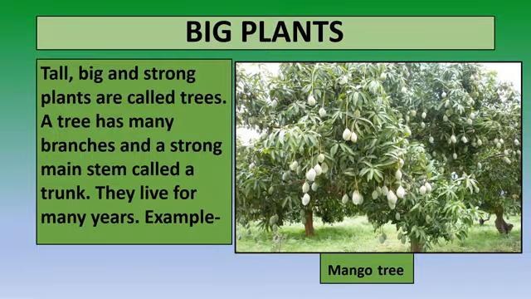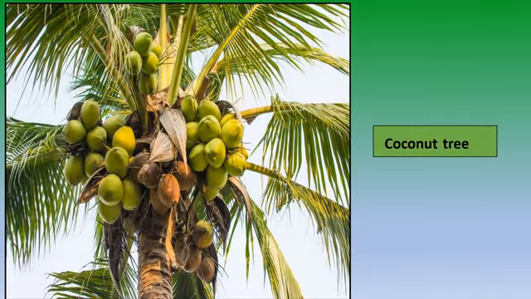Now let's have a look at some more examples of big plants, which are also known as trees. Coconut tree. It is also an example of a big plant, as it is tall and strong.